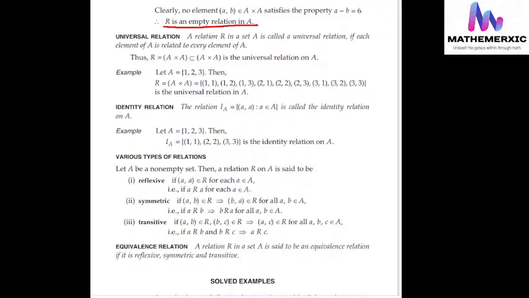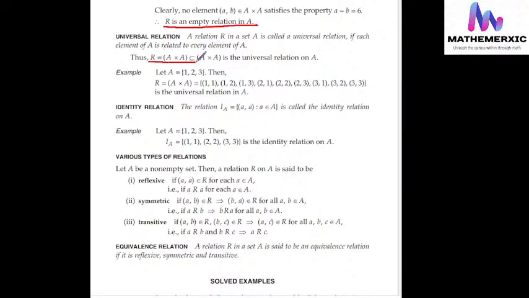Then R is A cross A, which means (1,1), (1,2), (1,3), similarly (2,1), (2,2), (2,3), and (3,1), (3,2), (3,3). So there will be 9 elements in the universal relation in A.